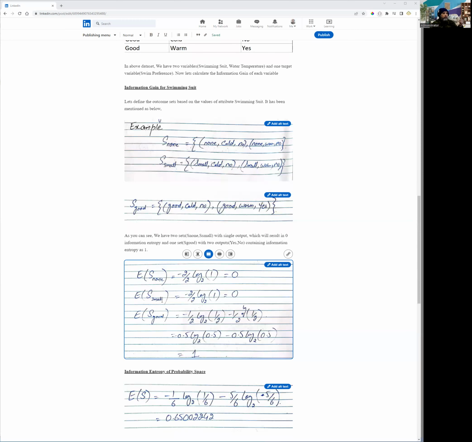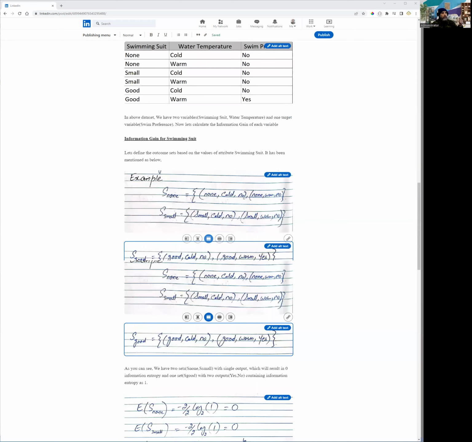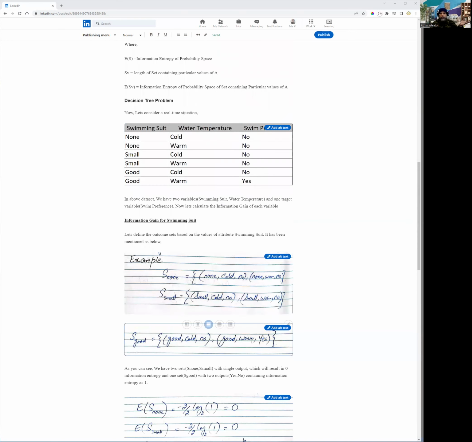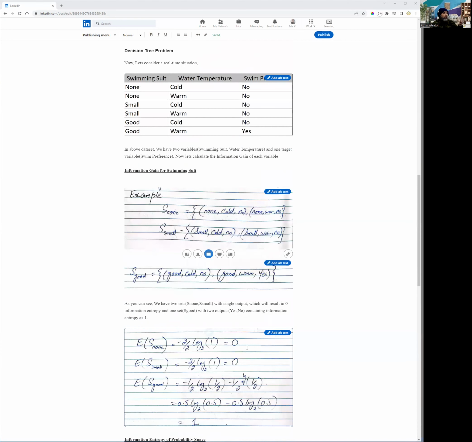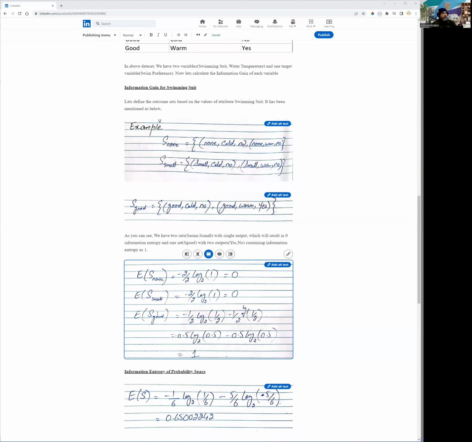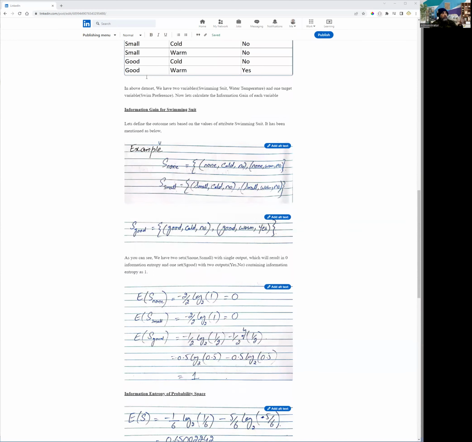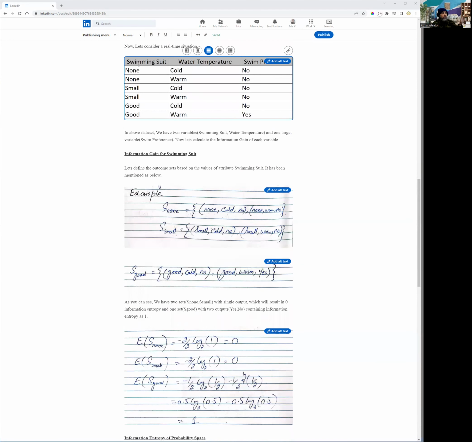Similarly with the small one, because small also has the same outcome, so that is also going to be 0. Now the only remaining one is the good, the swimming suit having the value of good. It has two outcomes. With cold it's going to give us no, and with warm it's going to give us yes.